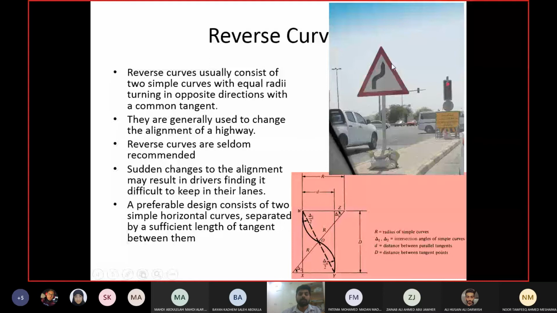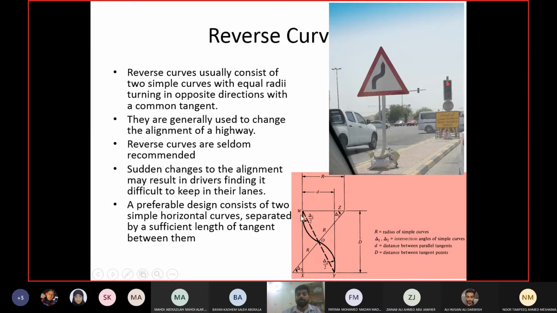Why? Because reverse curves become dangerous because the drivers cannot keep in their lanes. You are going like this in a zigzag motion. You are going over a curve, and then without any break or without any extra length, you have to change your direction completely.